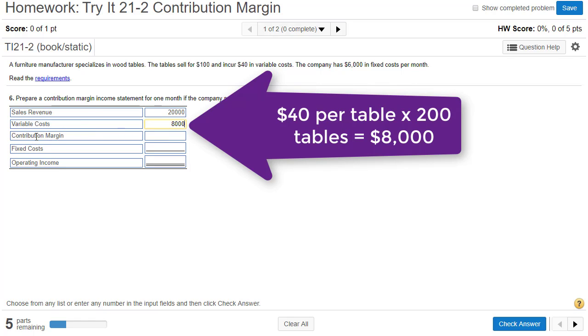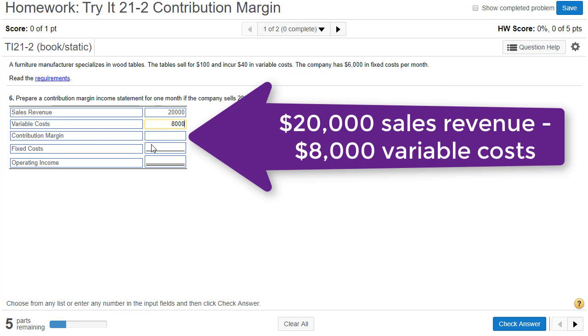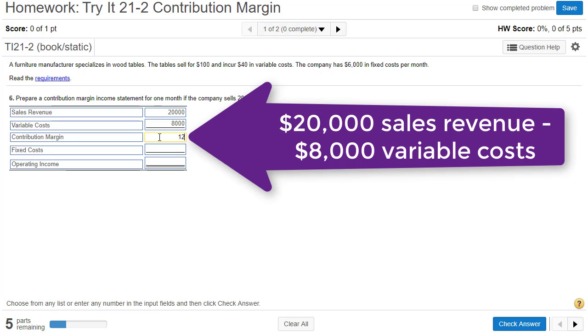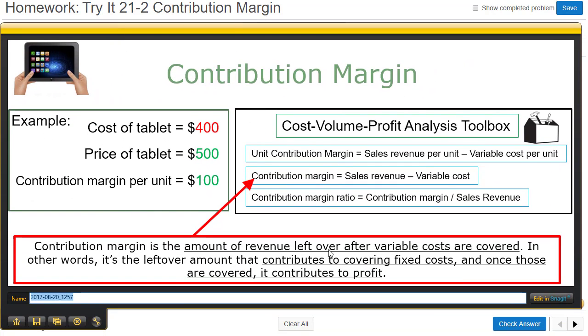So contribution margin is just sales revenue, $20,000, minus variable costs of $8,000. So we have $12,000 of contribution margin. That means, once again, it's the amount of revenue left over after variable costs are covered. In other words, it's the leftover amount that contributes to covering fixed costs.